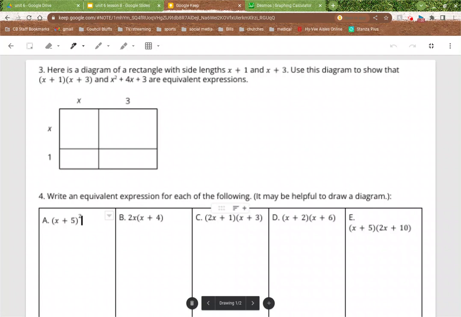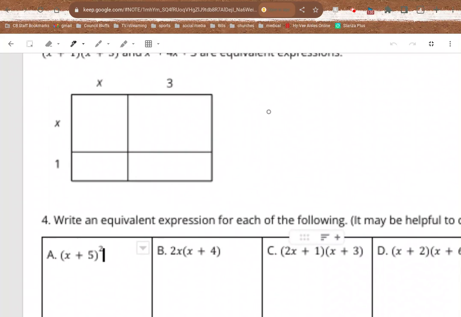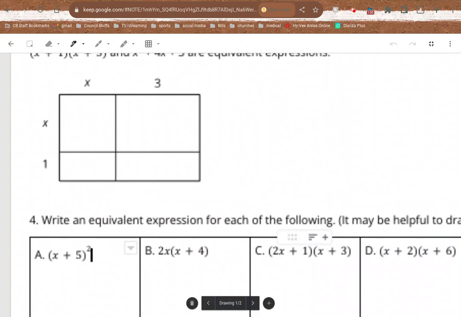So to multiply this out, they created that box, and they're going to do the same thing that we did on the last one. So I'm going to go here and here, and that's going to be x times x, which is x squared. And then this one right here is going to be 3 times x, which is 3x.